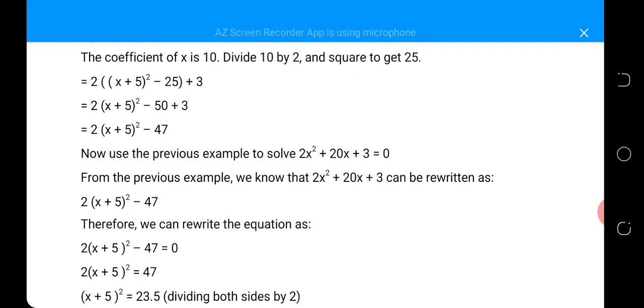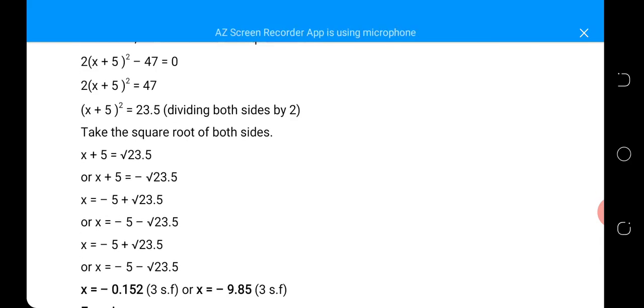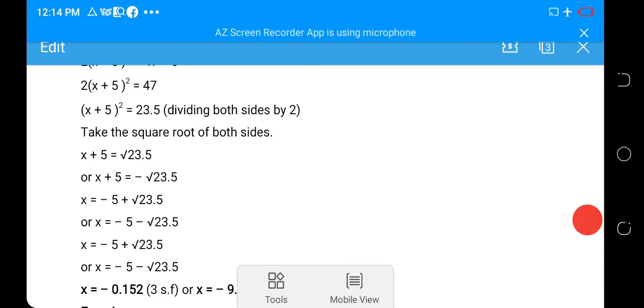Equating this to 0, we have 2 into (x plus 5) squared minus 47 is equal to 0. Taking minus 47 to the other side, we have 2 into (x plus 5) squared is equal to 47. Dividing both sides by 2, we have (x plus 5) squared is equal to 23.5.